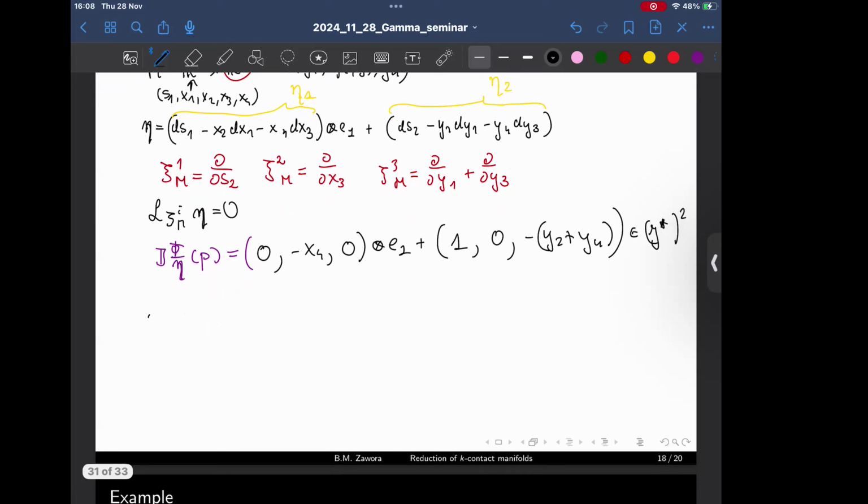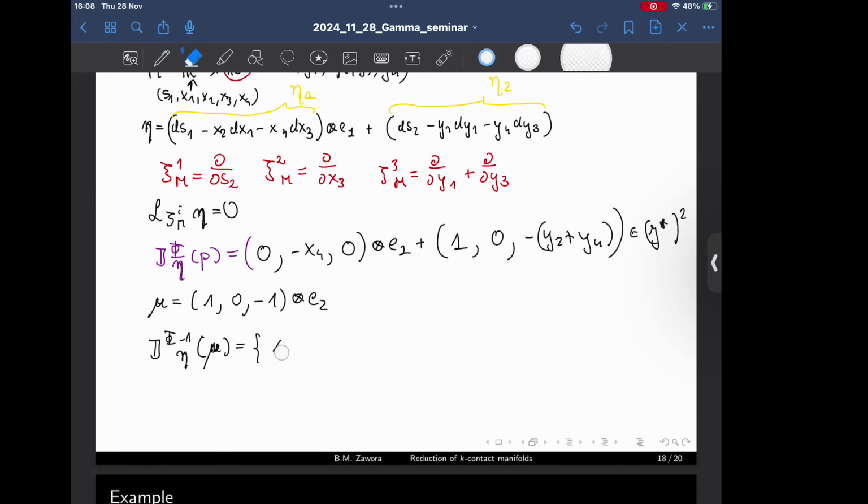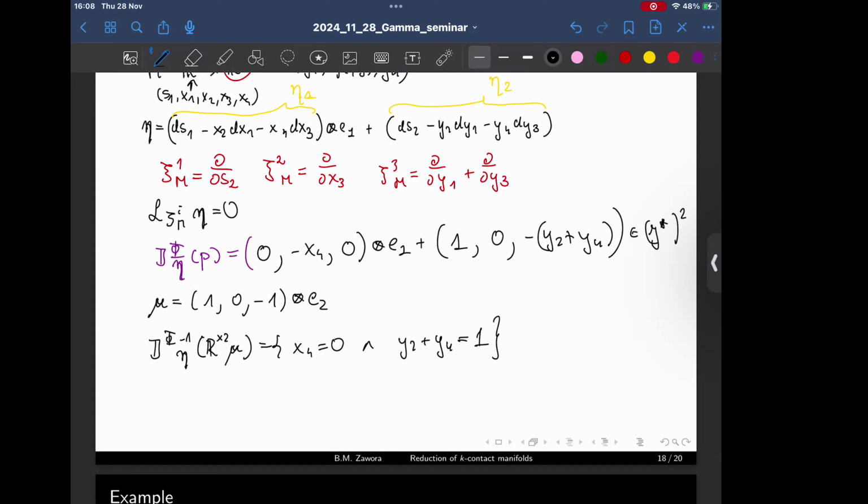Okay, so now we fix mu, bolded mu as 1, 0, minus 1, E2, which means that J phi 2 minus 1 bolded eta of this fixed mu, R cross 2 mu, is given by x4 equals 0 and y2 plus y4 equal 1.